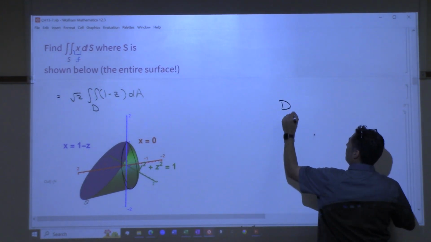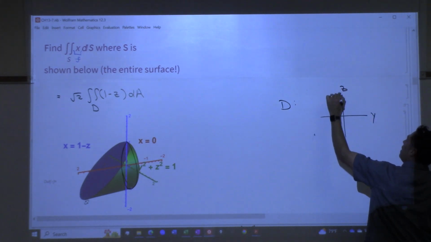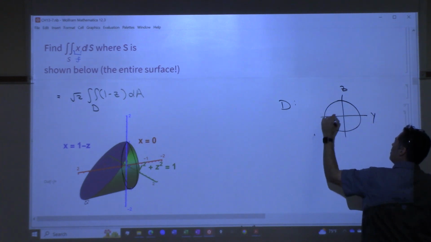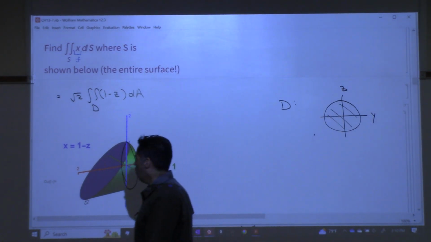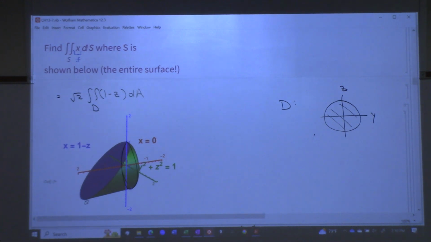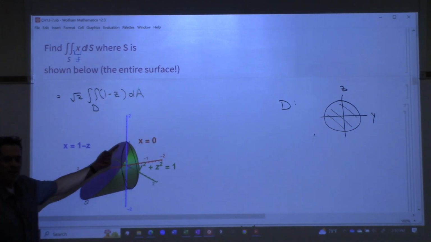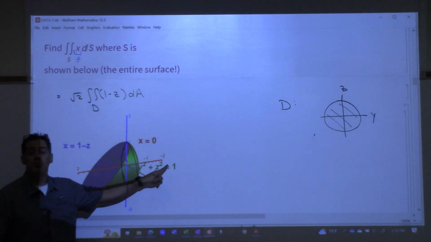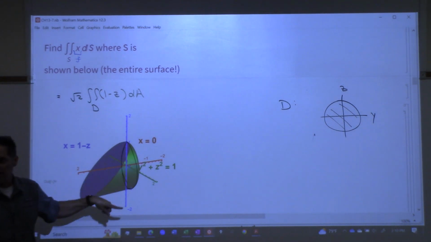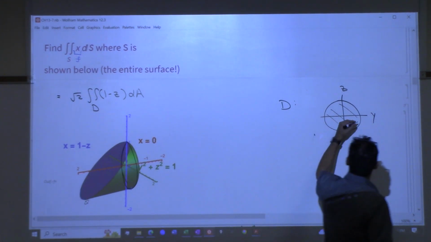So D for this is going to look like, in the YZ plane, a disk with what radius? 1. How do you know it's 1? Doesn't it live on that green cylinder? The green cylinder has the equation y squared plus z squared equals 1, which dictates what the radius is. So you know that this is 1.